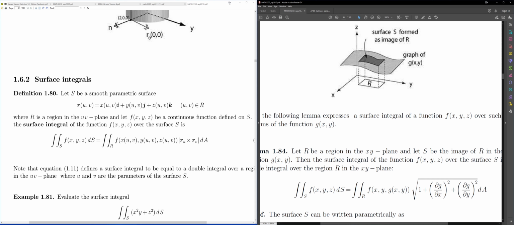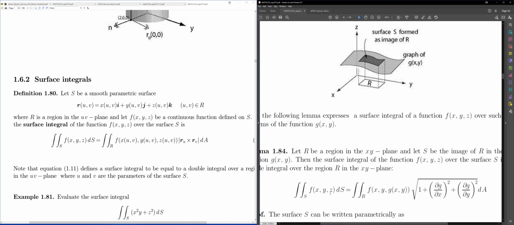So what you want is the surface integral of some function, a function small f, over the surface S, which is this dark gray surface over here. To evaluate it, you work it out as a double integral over the region R, which you get by projecting S onto the xy plane.